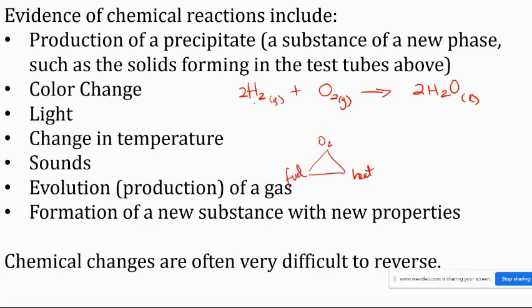Okay. In some cases, like with the booster rockets on a lot of the spaceships, this is your fuel. You get some oxygen in there and you're going to create heat and a lot of force. They go whoosh. Okay. So we've got these things. They're gases at room temperature. We go through a phase change. We create water.